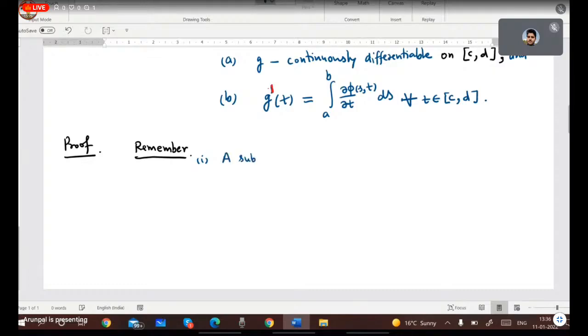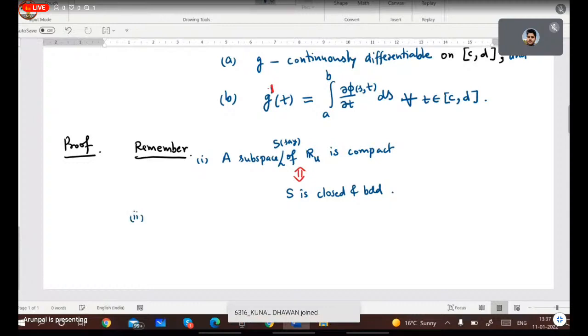A subspace of the real line endowed with the usual metric is compact if and only if the subspace, you can say S, is closed and bounded. So you remember this.